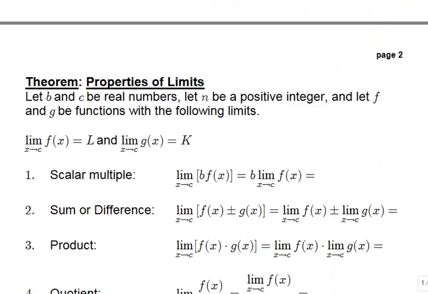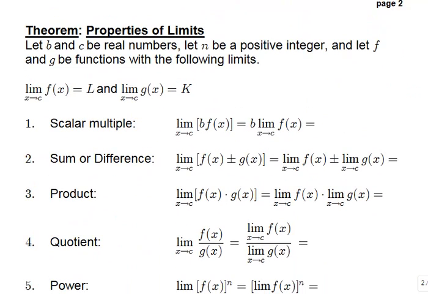Okay, now what we're going to do is talk about some more properties of limits, and we're going to expand on our function and try to make it a little bit more complicated. So again, we're going to assume that b and c are constants that are any real numbers. We're going to let n be a positive integer, and we're going to let f and g be two functions with the following limits. And let me say one important thing here.